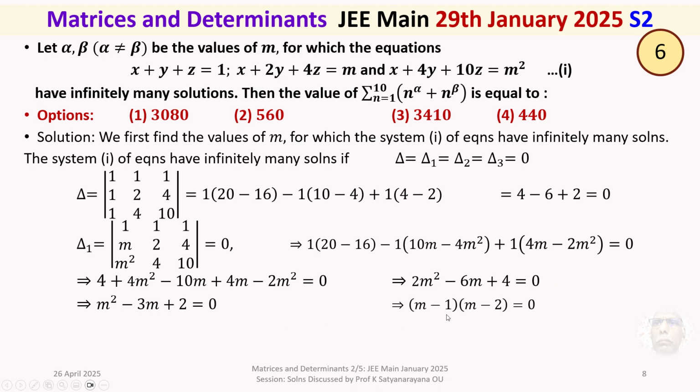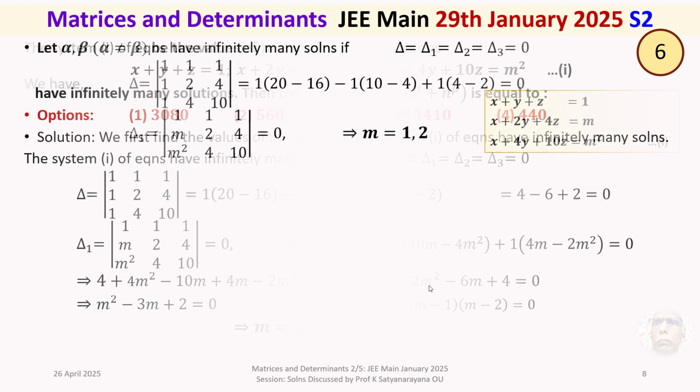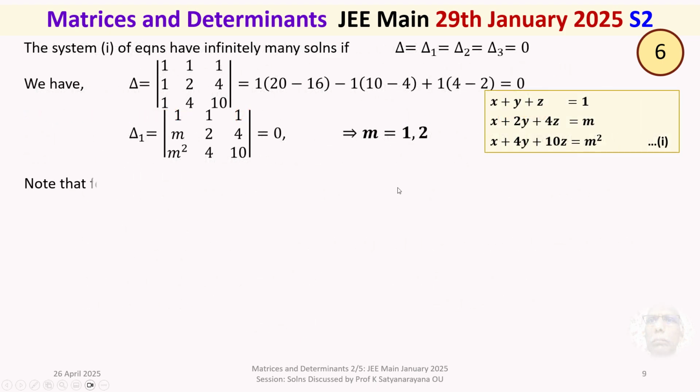And the factorization is m minus 1 into m minus 2 is equal to 0. The values of m are 1, 2. So for these values of m, the given system of equations have infinitely many solutions. And it is given alpha and beta are the values of m. So let us take alpha is equal to 1, beta is equal to 2, and then answer the question.